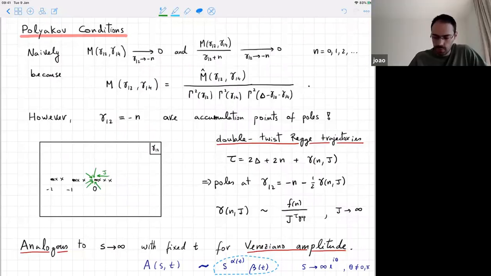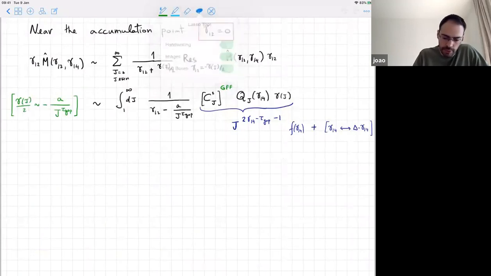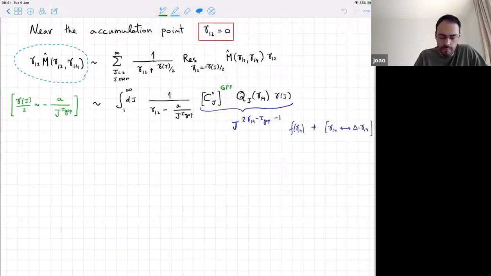Okay, so that's the question, and actually it's not hard to estimate how the function behaves as you approach this accumulation point. This is done here schematically. Let's take this combination, it's a bit simpler, and consider just the contribution from all poles that accumulate at gamma 1 2 equals 0.